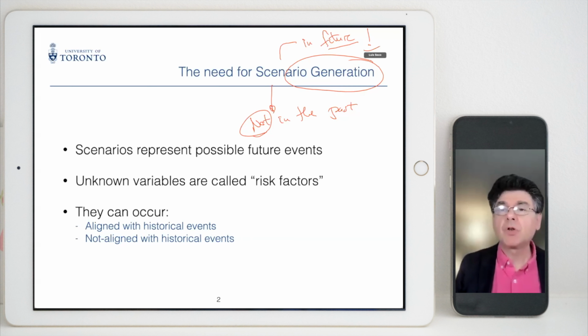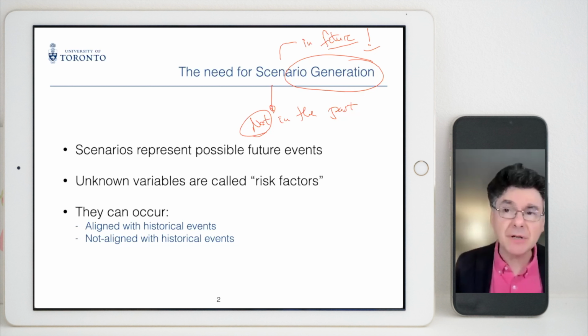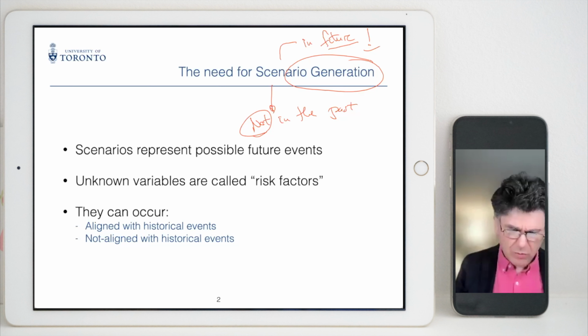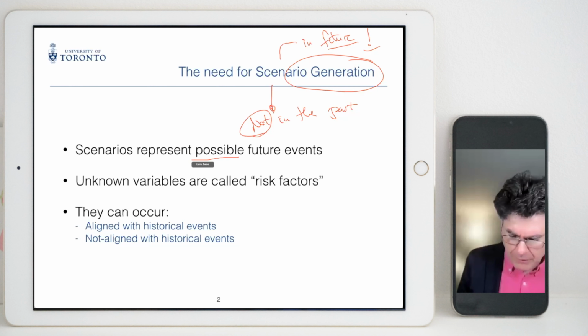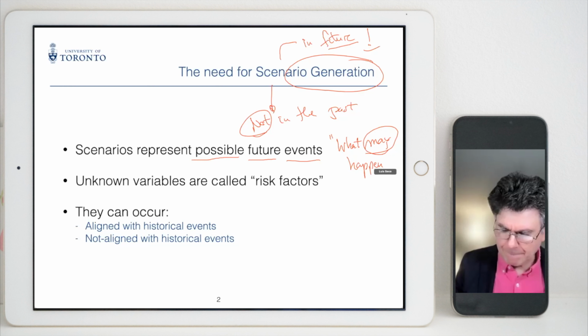It is as if we are predicting what's going to happen, except we're not interested in predicting. We just want to know what might happen, what could happen, possible future events. Okay, that's what we do.